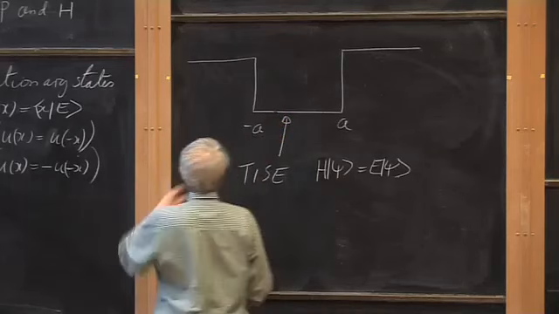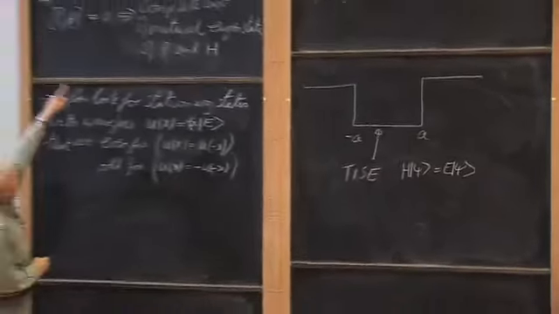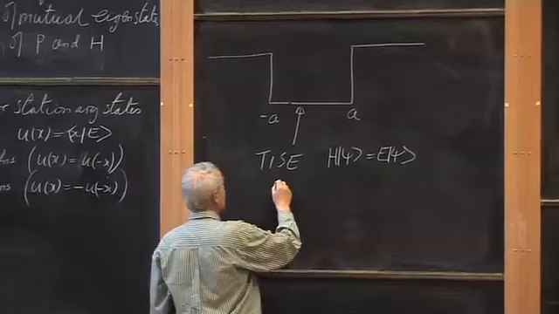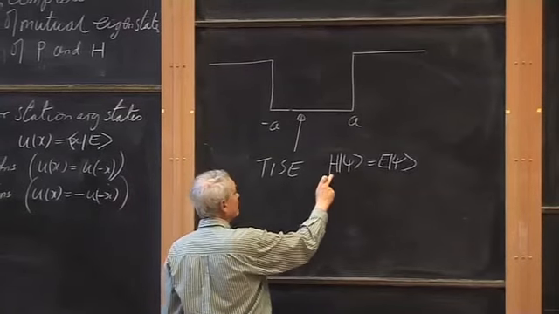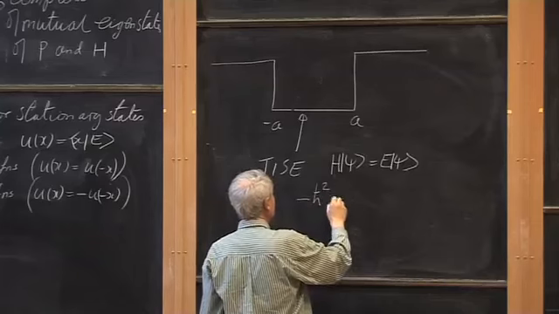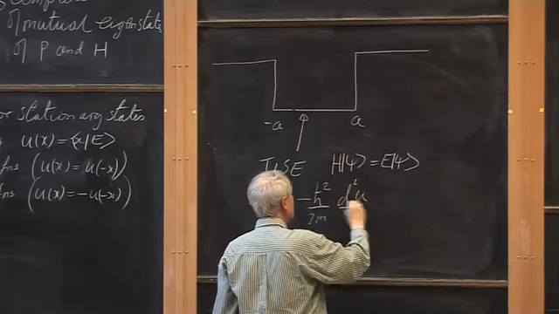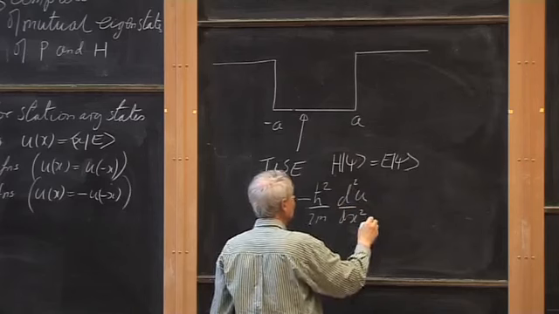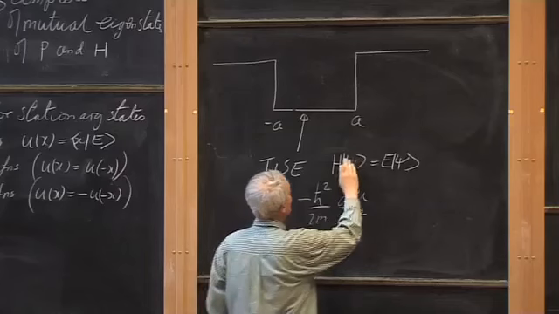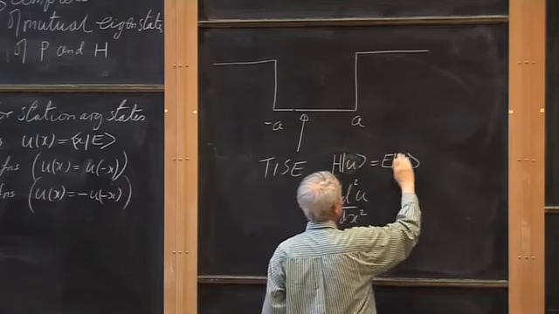Well, at this point here, where the potential is 0, h is p squared over 2m. So at this location, this becomes p squared over 2m, which is minus h bar squared over 2m d2u by dx squared.